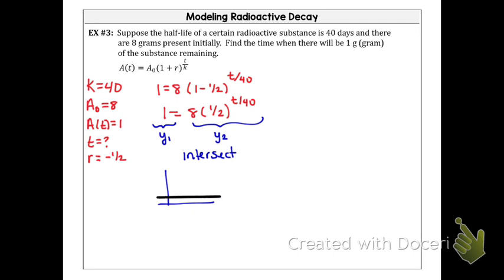And then I saw another line doing something like this. Okay, not that close together on there, but you get the idea. So what I know is they're going to intersect somewhere over here. So I need to extend that x value, and so that's my x maximum. So I'm going to go to my window, and I'm going to change it to 50. And I'm going to hit graph.